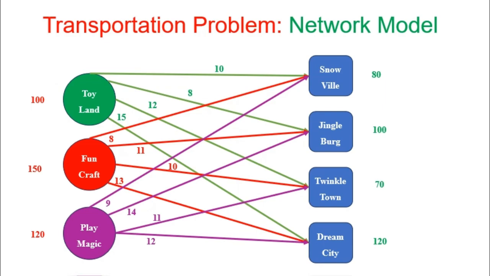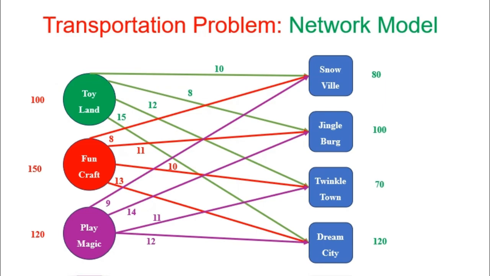You can see on the left hand side we have written the supply that each workshop can provide. Toyland can provide at the most 100 toys. Funcraft can provide at the most 150 toys, and Play Magic can at the most provide 120 toys. Similarly, on the right hand side, the first city, Snow Village, has a demand of 80 toys.